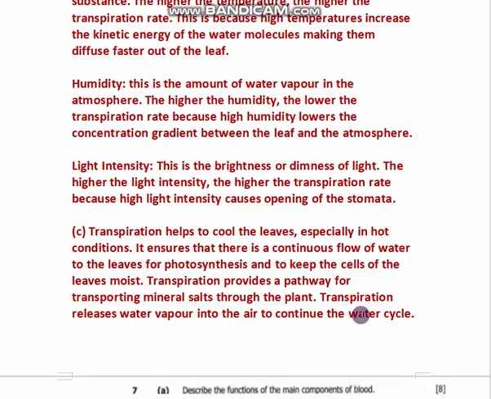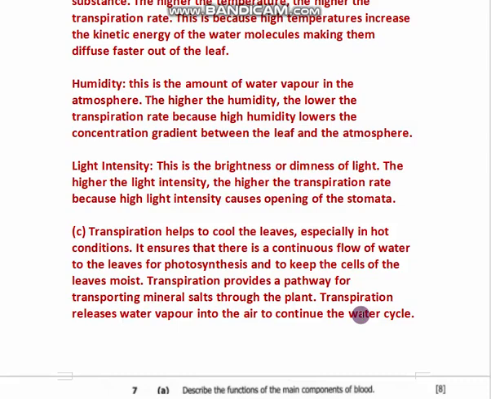So you can see that these are the significance of transpiration, or this is why transpiration is important to plants, because one of the reasons is that it helps the plant to cool. Then apart from that, it makes sure that there is water available for photosynthesis to take place, and to make sure that the leaves are always moist or wet, in other words.